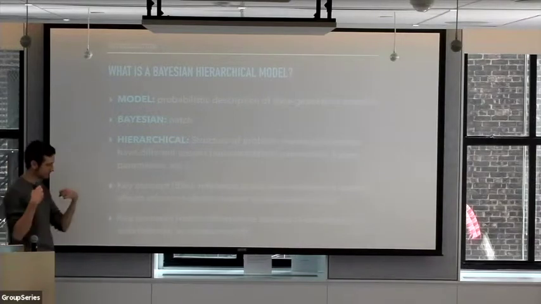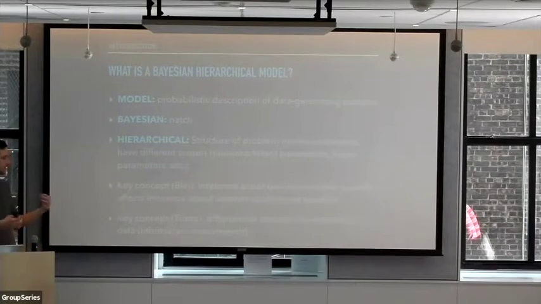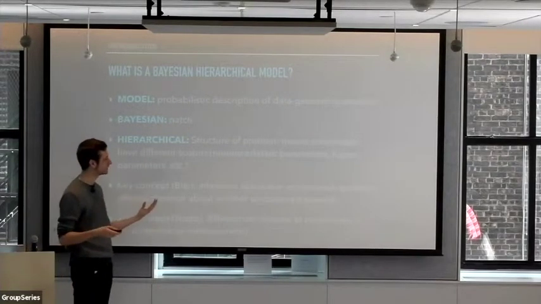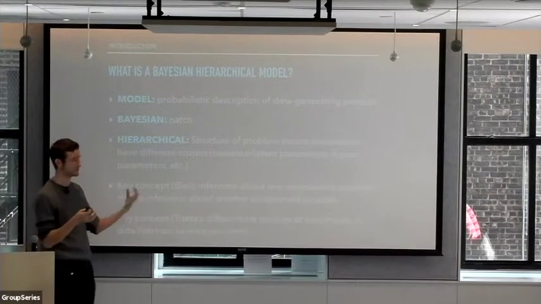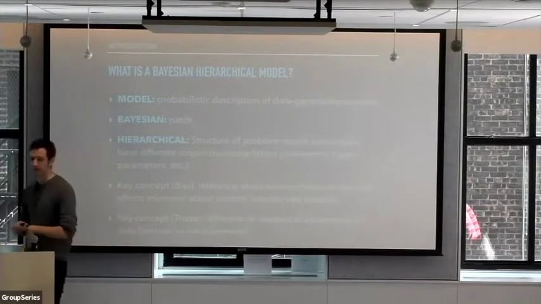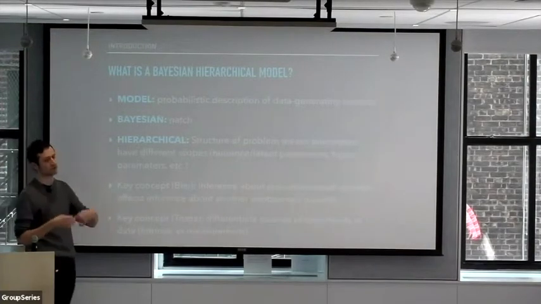Digging around online and looking at the people who think about this deeply, there's not really one clear definition of what a hierarchical model is. To me, what it means is that the structure of the problem means that some of the parameters of your model have very, very different scopes. You have parameters that describe your individual objects or individual observations.